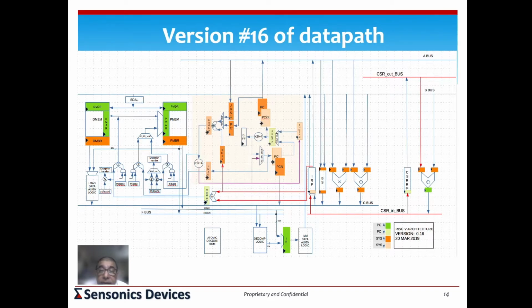Now, when you're writing into the register file, as you can see, there are two inputs that are shown, one from the C bus, one from the CSR bus. So can you write to two locations at the same time? No, you can't. But you can select one of those two sources.